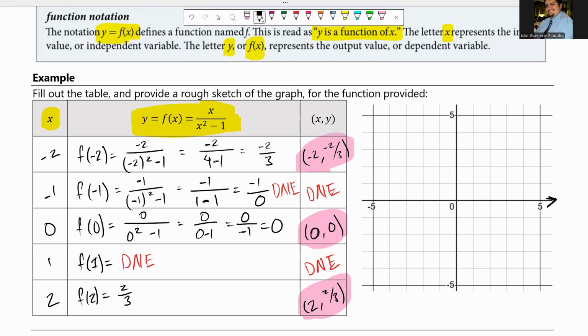We have what's called an XY coordinate plane here. The horizontal is going to be X, and the vertical, the up and down, is what we consider our Y axis. To graph these, we're going to go to -2, and then go to -2/3. So maybe about right there. This point right here is that first point, -2 comma -2/3.